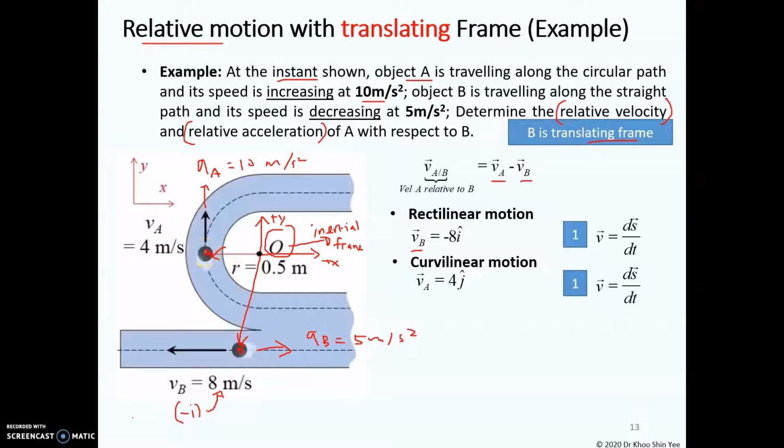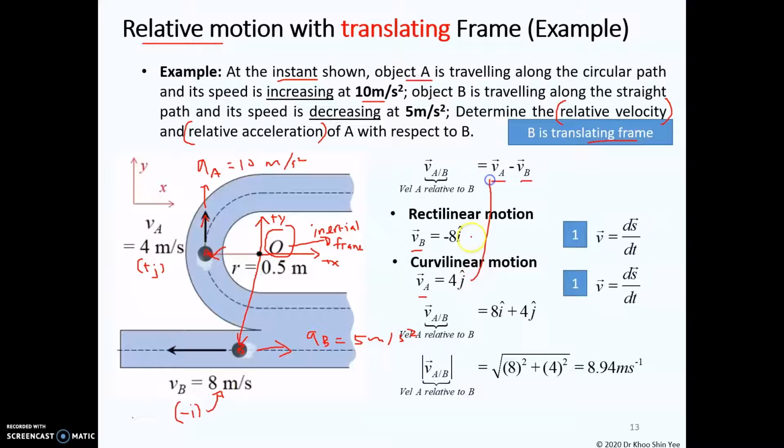Object A is experiencing curvilinear motion, therefore the velocity that we obtain is called the tangential velocity. It's moving in a positive j direction. Multiply the direction with the magnitude, then you obtain the vector VA to be 4j.